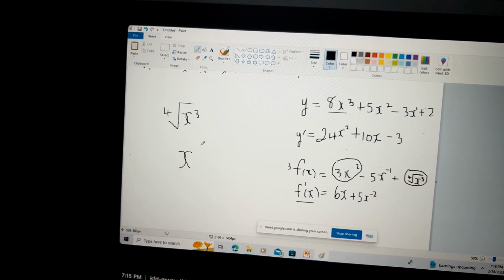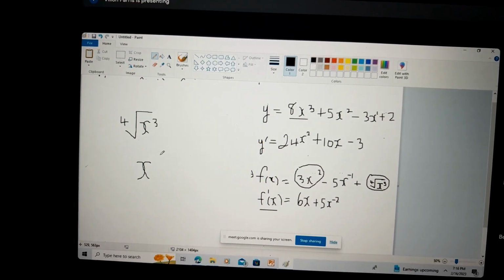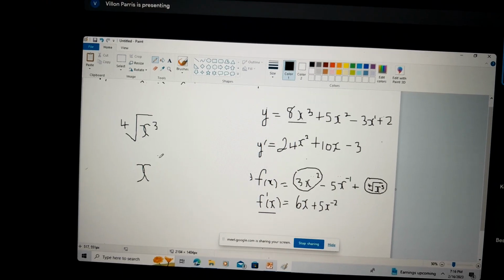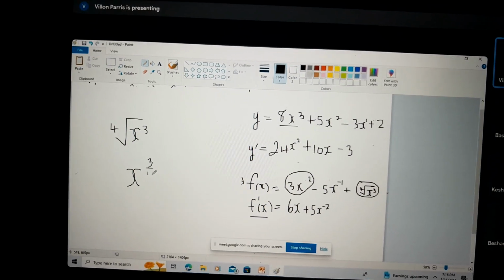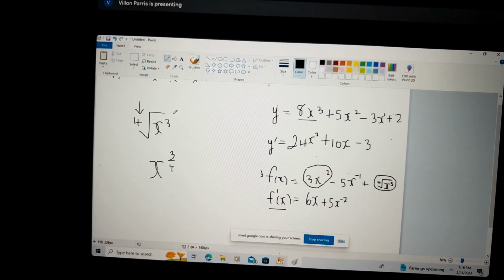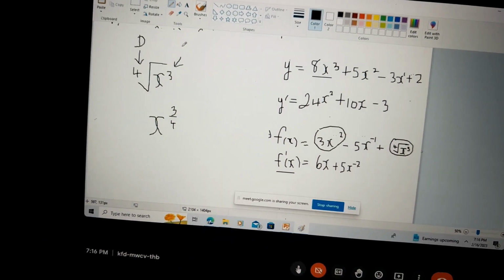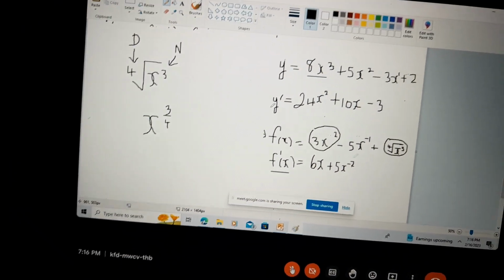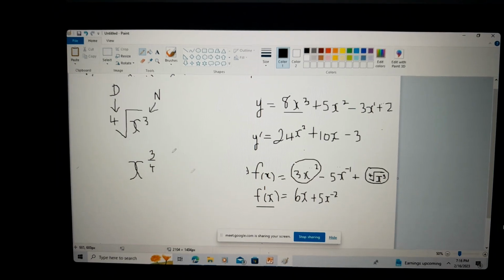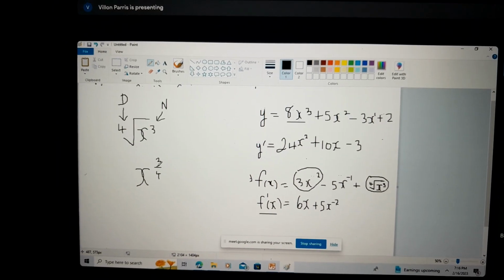Someone help me. 3/4, sir. Very good, 3/4. So this number outside is the denominator and this is the numerator. Are we all good here? Yes, sir. So now we can evaluate the derivative of this.